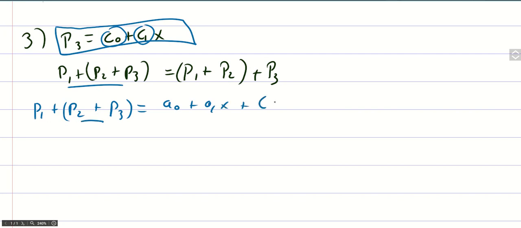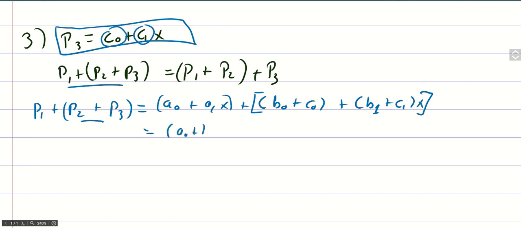That means that here we've got (b0 + c0) + (b1 + c1)x. And the next is to sum these two polynomials. Here we've got one, and here is the second polynomial, the sum. So when we sum these two polynomials, we obtain (a0 + b0 + c0) + (a1 + b1 + c1)x.